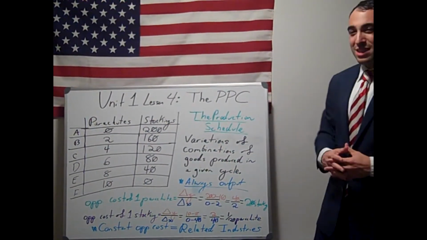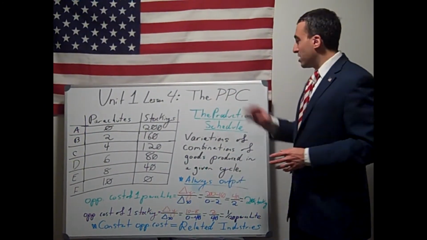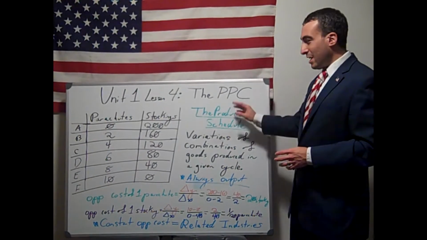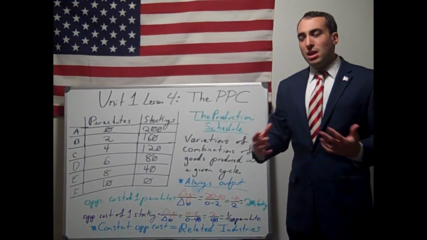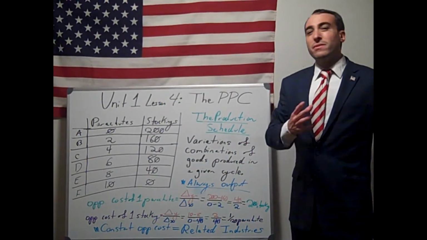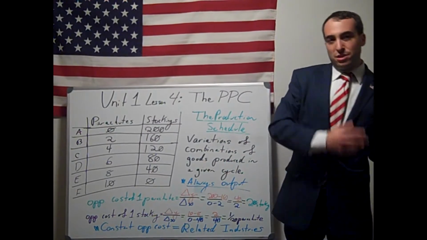So I used this story to introduce today's first concept, which is the production schedule. This is a more accurate and more realistic view of the previous lesson. In the previous lesson, we did nation A could do this, or nation A could do this.